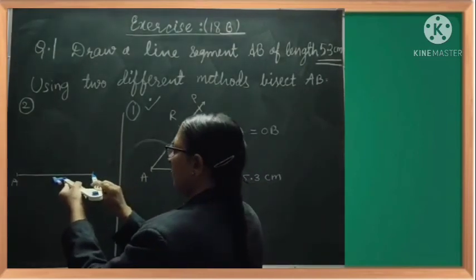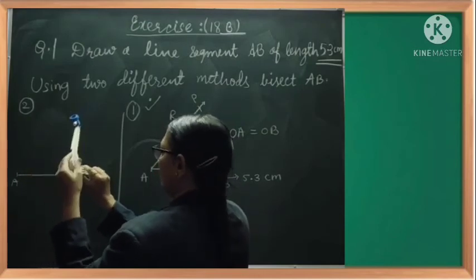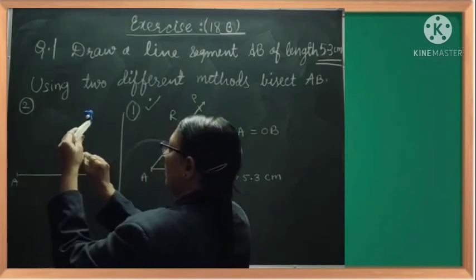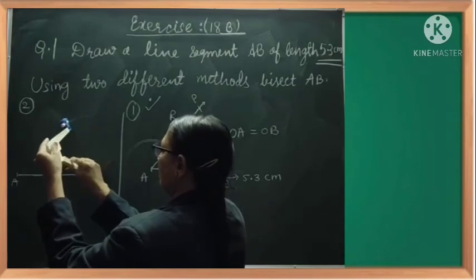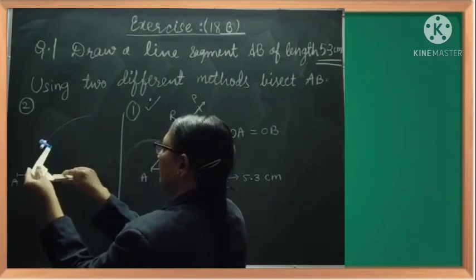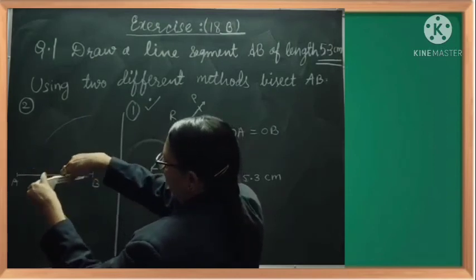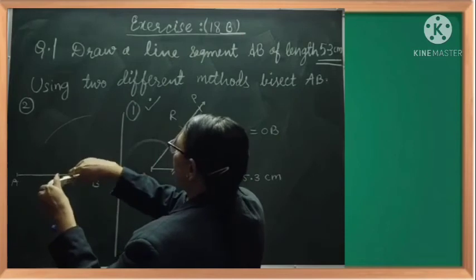So we have to take approximately more than half distance, and with it we will construct an arc at the upside from the vertex B and at the downside from the vertex B.